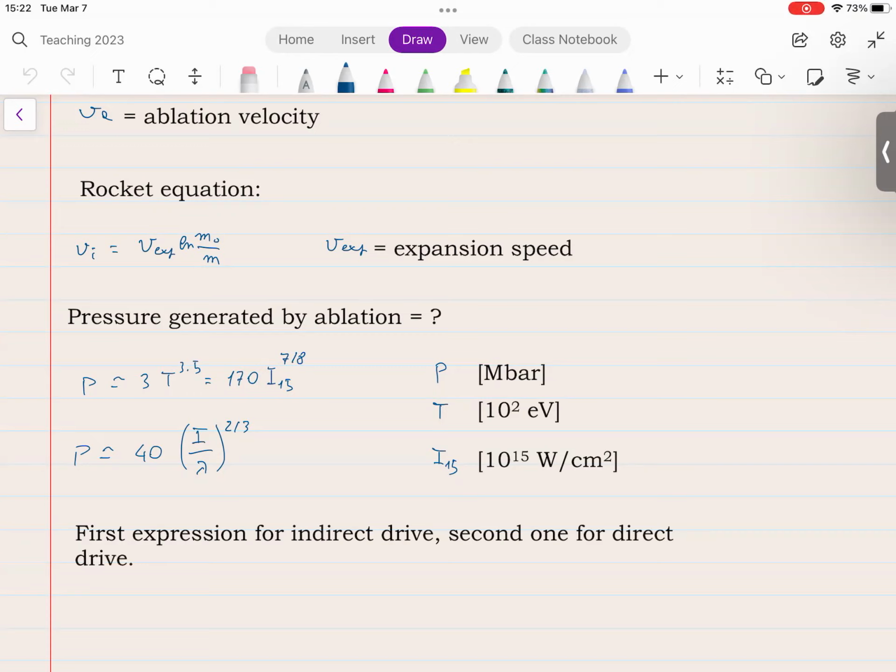That is, they look different. And this gives also different expressions for the implosion velocity.